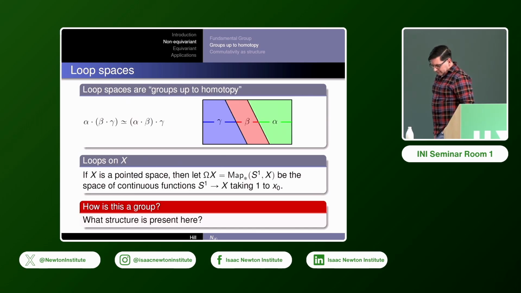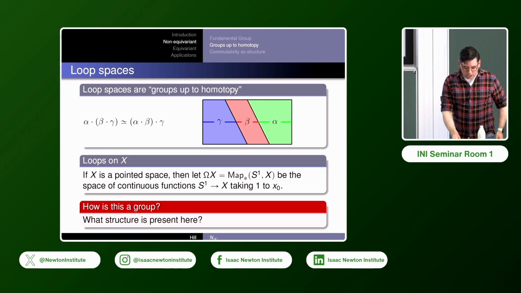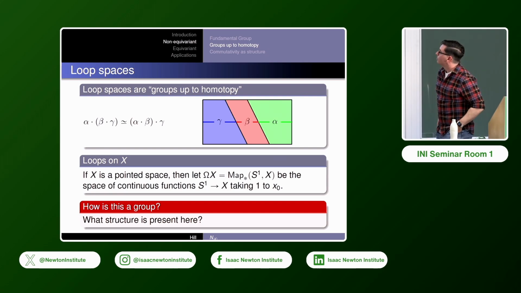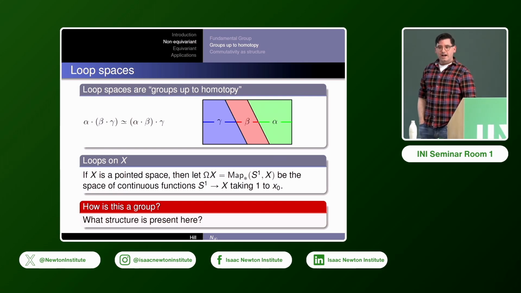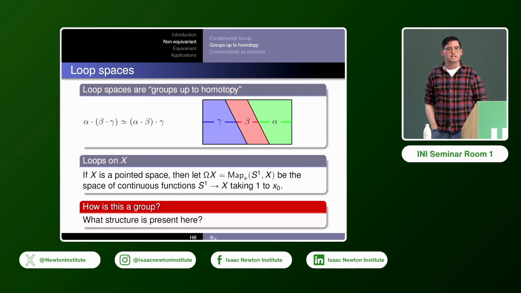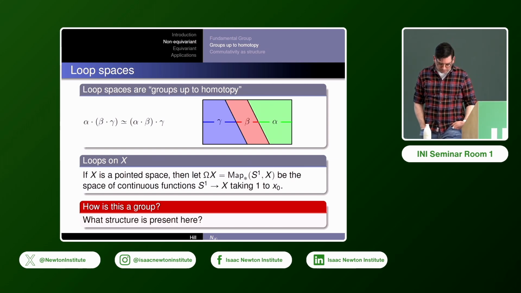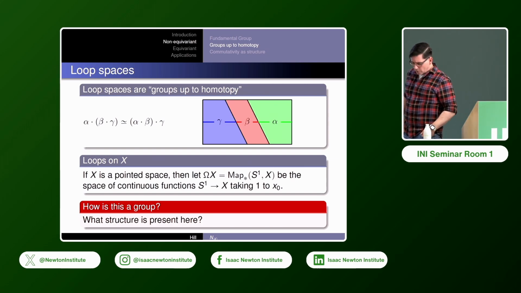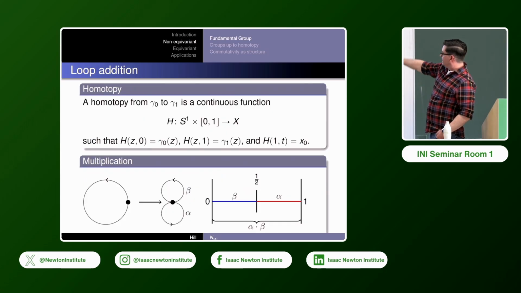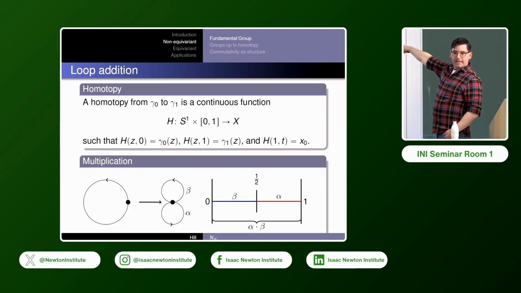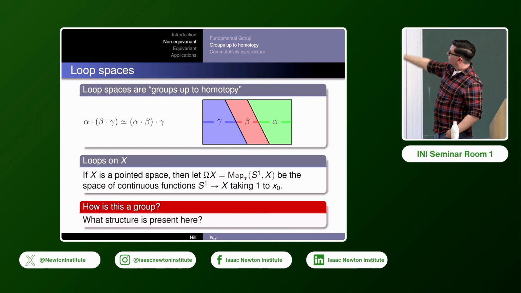But when I try to make good on the fact that I called this a group multiplication, I need to verify things like associativity of this operation. And in this case, the way I did it, I had to break my interval into 2 parts, and then I ran it at different speeds. Well, if I try to do that for associativity, then at the very top, I broke my interval into 2 parts.